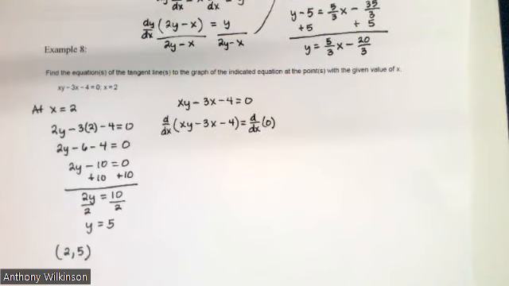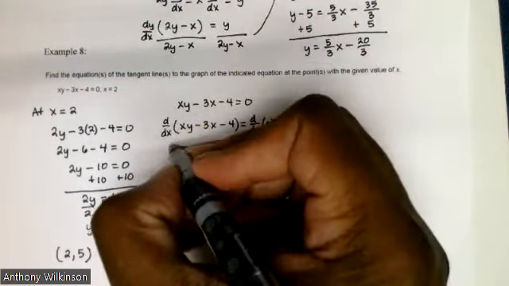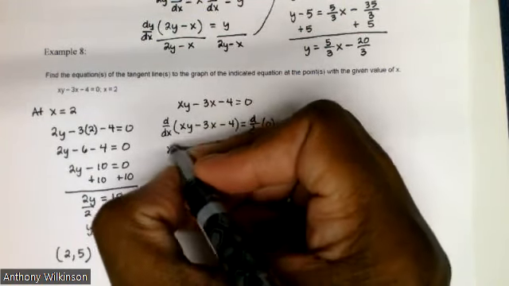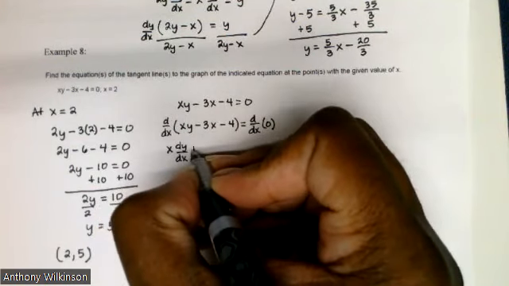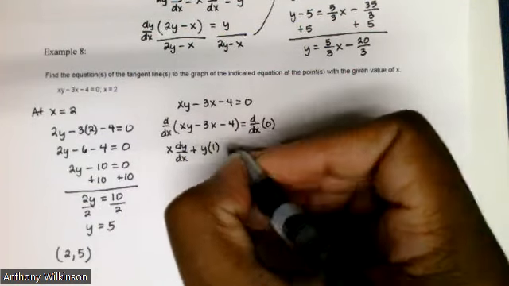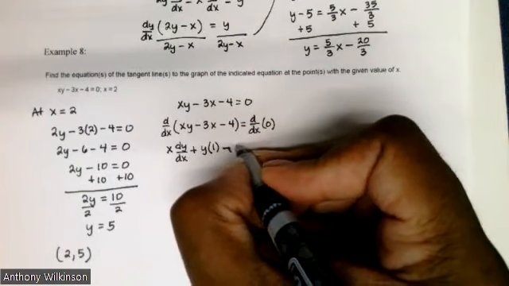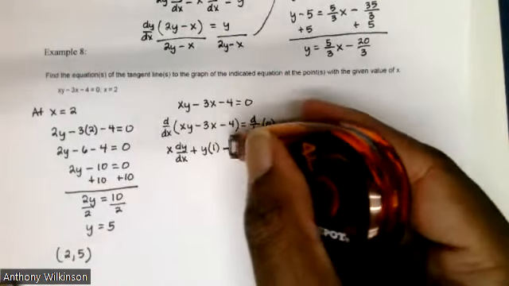We have to use the product rule for this one. That means the first term will be x. The derivative of y will be 1, but we must include dy/dx since we're taking the derivative of y, plus the second, which is your y, times the derivative of x, which is 1, minus the derivative of 3x. That would be 3. And then the derivative of a constant will be 0.